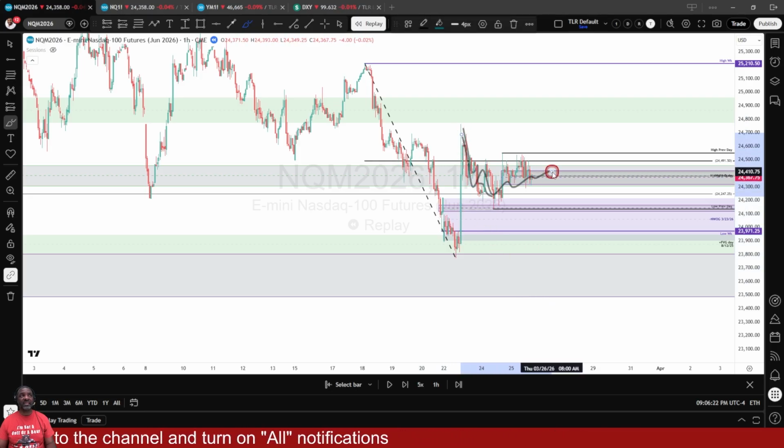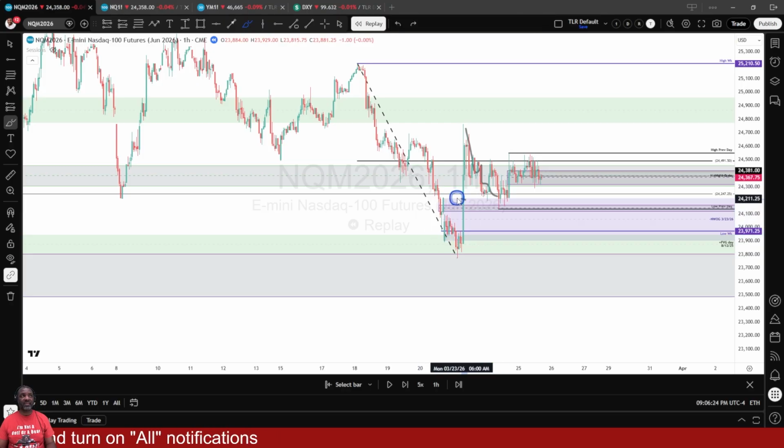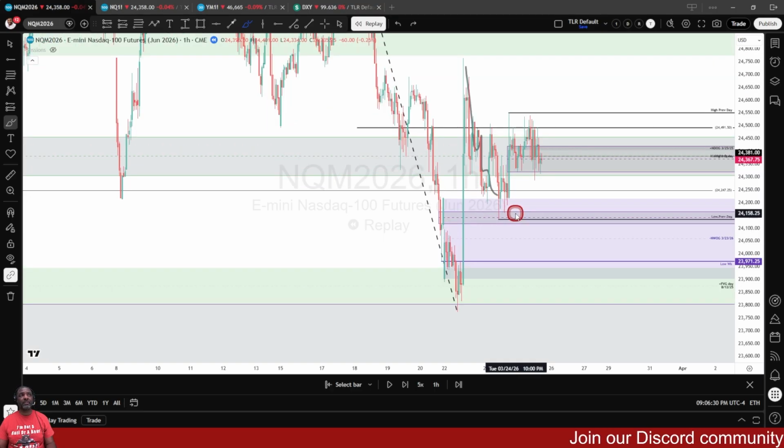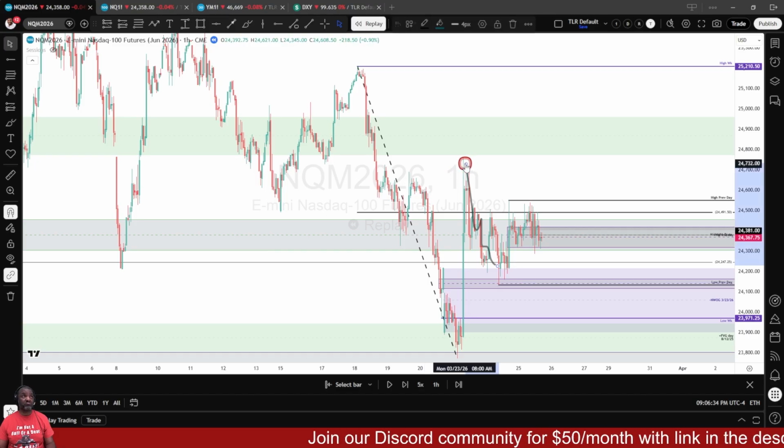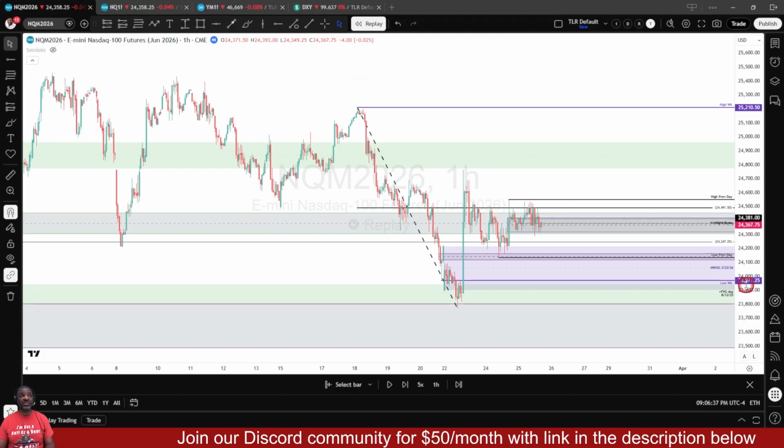We're sitting here consolidating, respecting the balanced price range and respecting discount PD arrays. Does that mean we're going to take off? No. Does that mean we're going to tank?